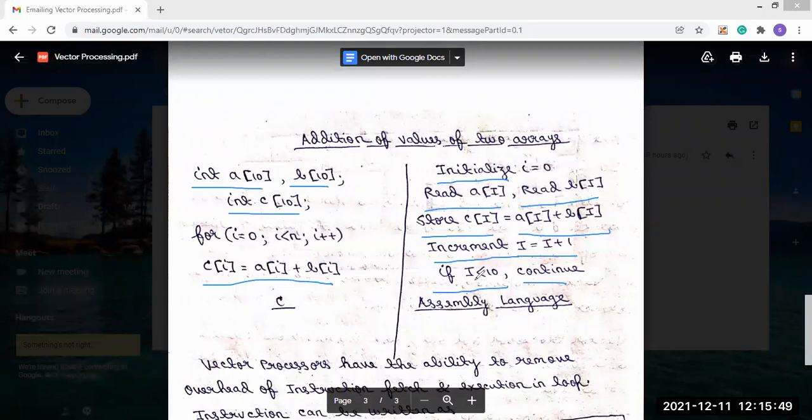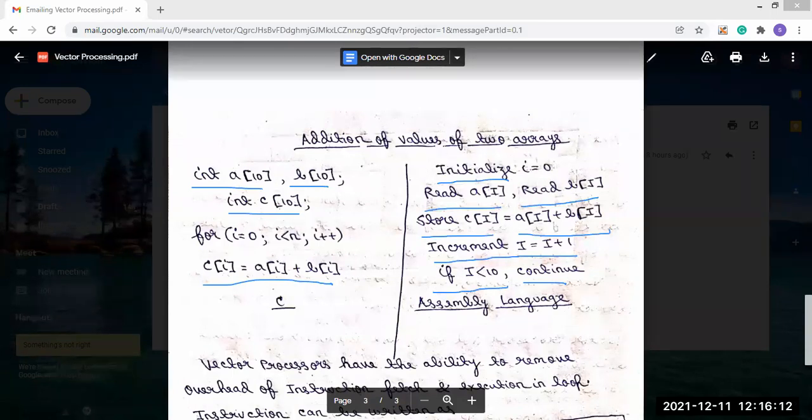Now, vector processing has the ability to remove the overhead of instruction fetch and execution in a loop. That means we do not do instruction fetch and execution repeatedly in vector processing; it is not required. But then how will this instruction look in vector processing?